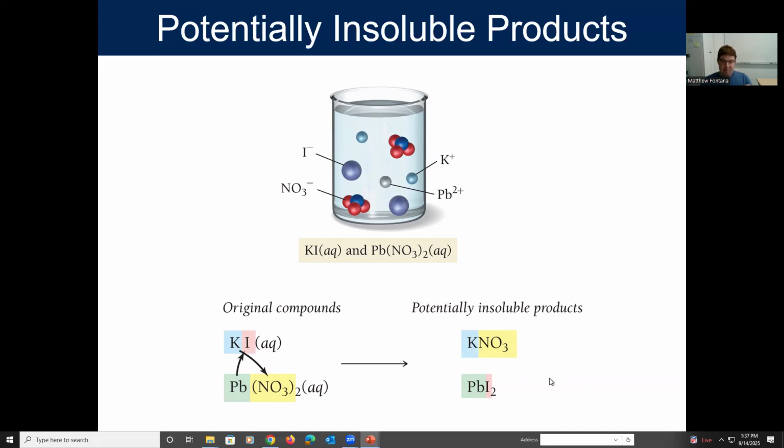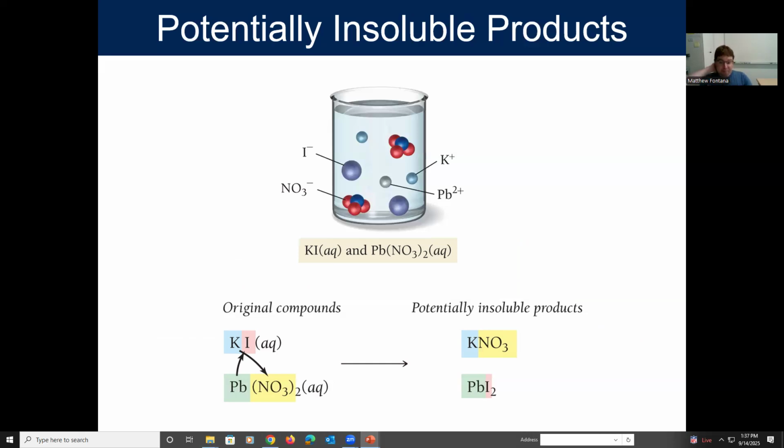And so that's going to be the other new partner that we have. And so the thing to consider here is these are the new products that we could be making, and they potentially may be insoluble in water.